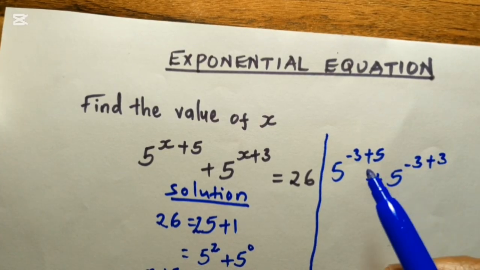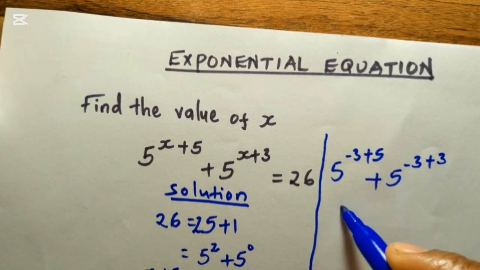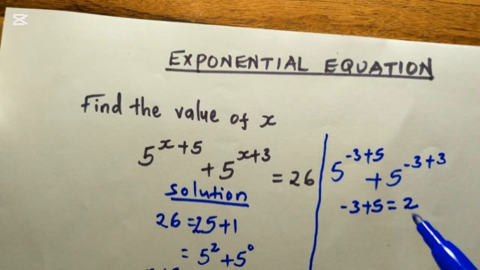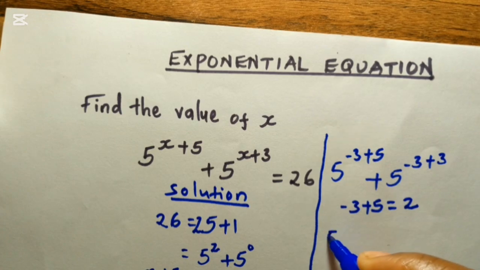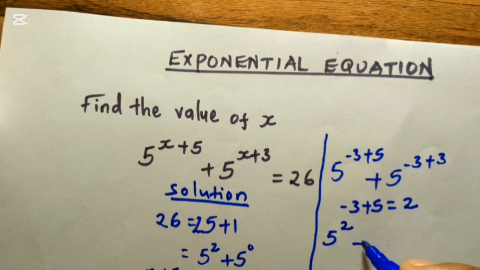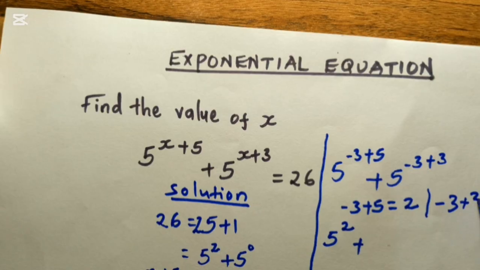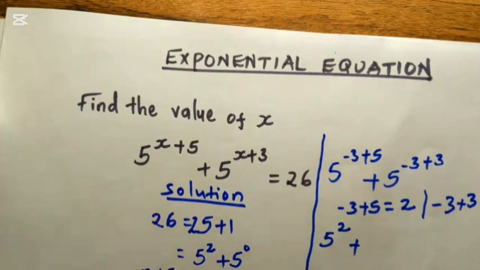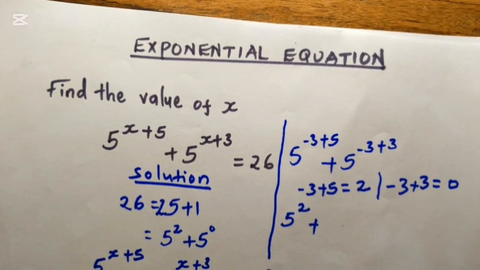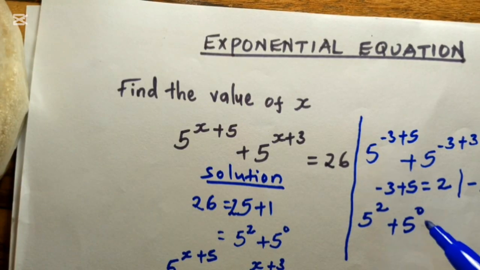Negative 3 plus 5 is the same as 2, so we'll have 5 power 2. Negative 3 plus 3 is the same as 0, so we'll have plus 5 power 0.